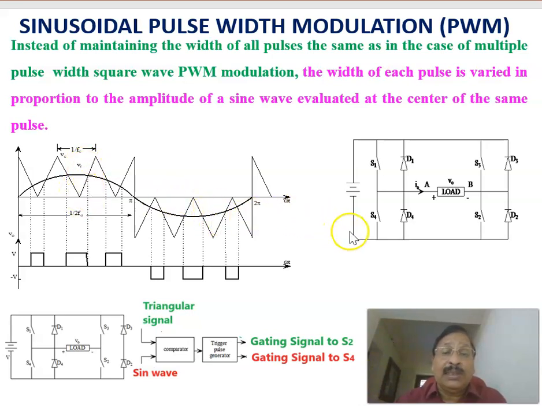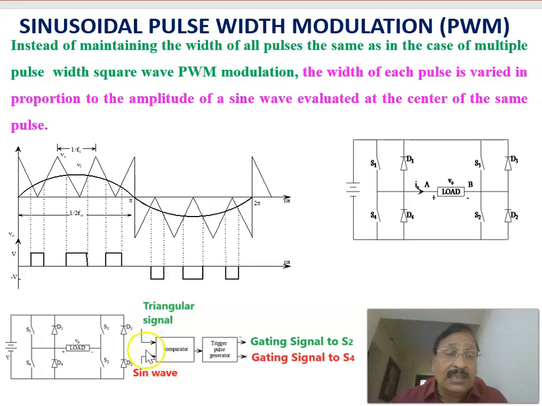That's called Sine PWM. And the generation of the control signal, that circuit, we have already seen. This is the same circuit topology, or this is the generation of the gating signal. This is the gating signal to the S2, where the triangular signal is compared with the sinusoidal signal.